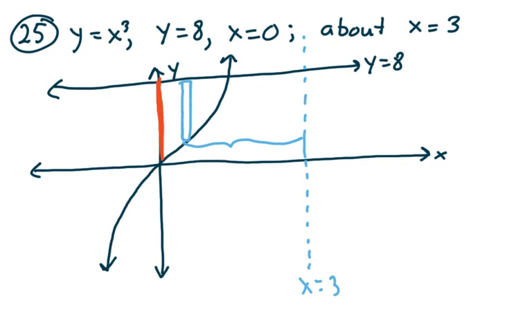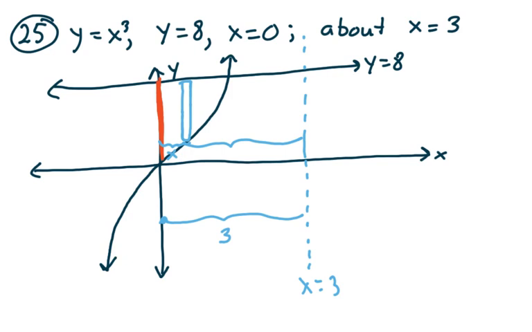Now, let's make sure we understand our reference. The distance from the y-axis out to the line x equals 3 is 3. The distance from the rectangle to the y-axis is x, because we're running along the x-axis.